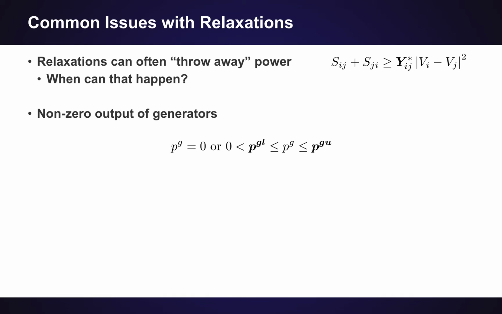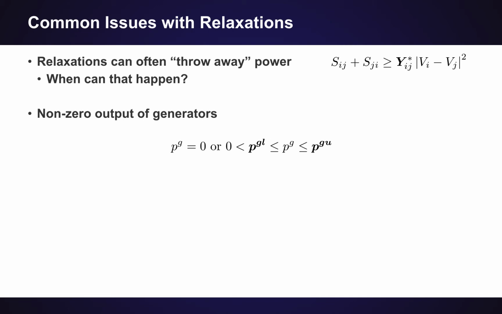The first one is when you're trying to model generators with a non-zero output lower bound. A lot of generators are either off entirely, or they're running at, say, 10 megawatts to 100 megawatts. So they have this non-zero lower bound on their output, and there's a discontinuity between when they're on and when they're off in terms of what the output can be.